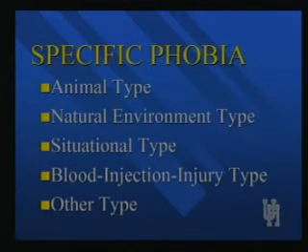And this is one of the places where the DSM actually used research to make distinctions. These subtypes are different in the typical age of onset, the typical course that they follow, whether or not they aggregate in families.